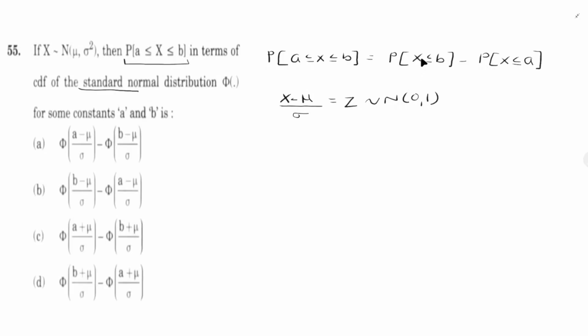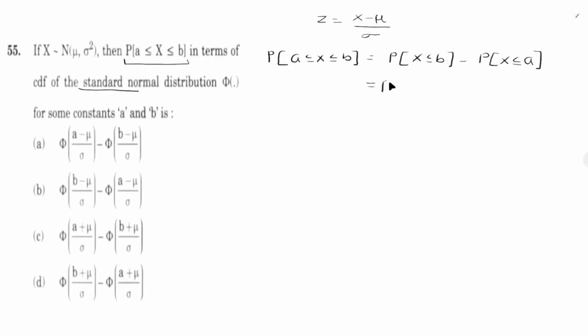So what we can do, from here we can subtract the mean mu and then divide by sigma. So Z, the standard normal variate, is given by X minus mu upon sigma.